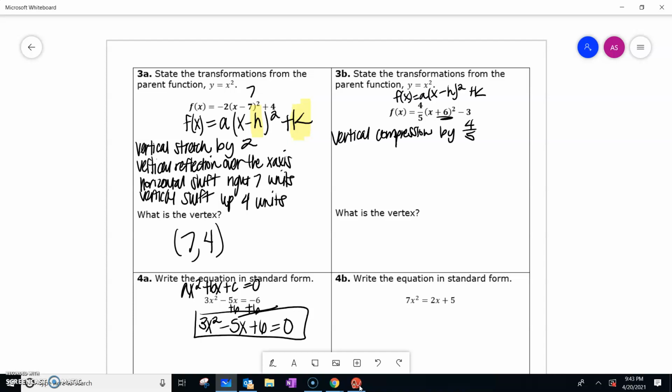So I'm going to have a horizontal shift to the left 6 units. Then my k is -3. So that's going to go down vertically 3 units.